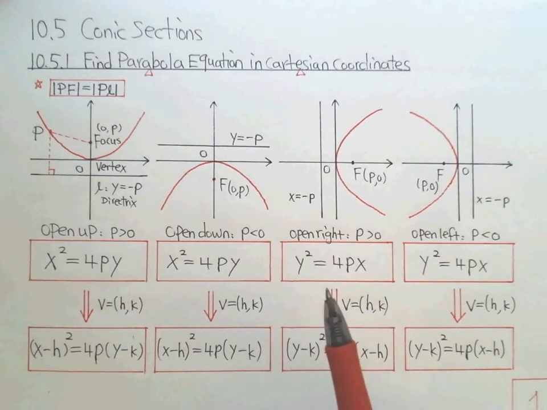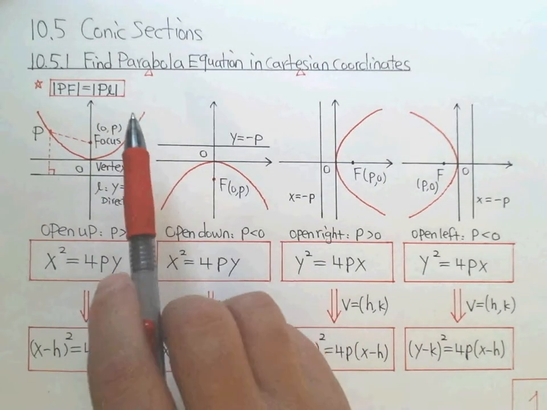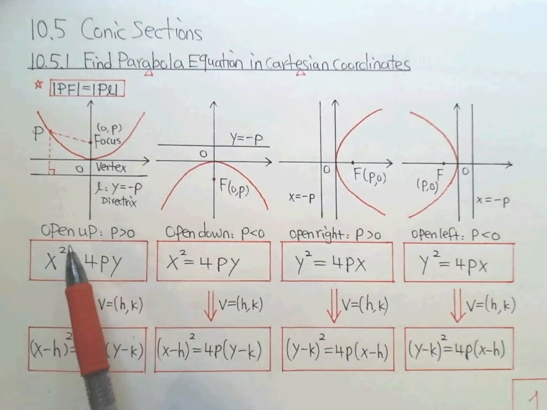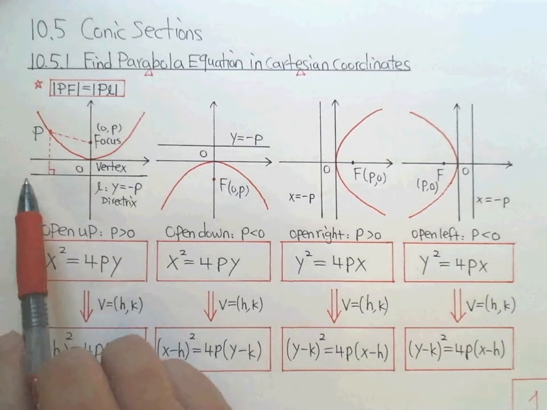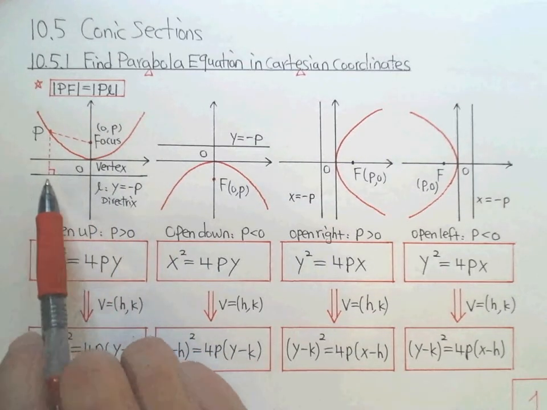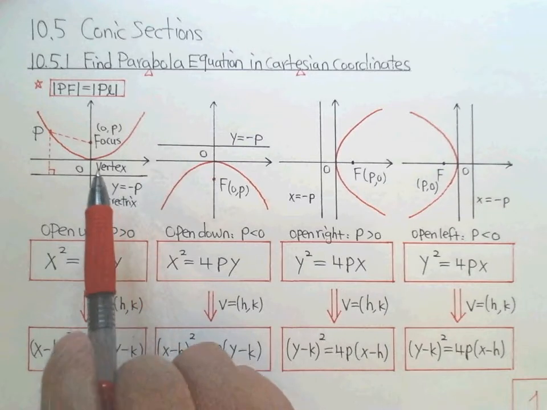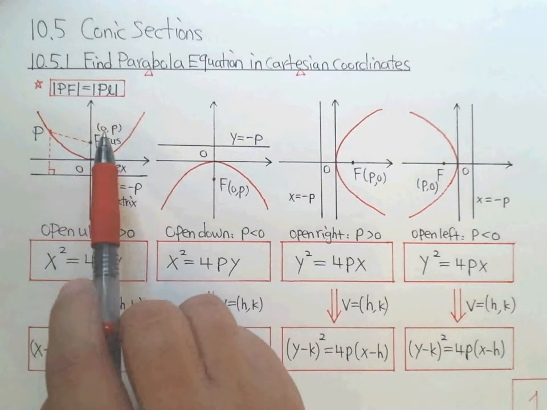Under the first case, the parabola opens up. So how do we define it? First we need to put the directrix. The directrix is at y equals negative p, and we put the focus at (0, p), where p is a positive number.